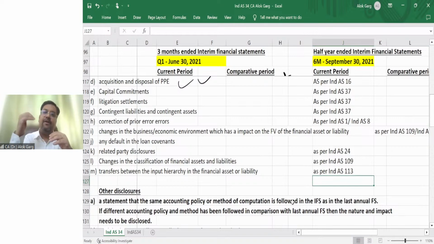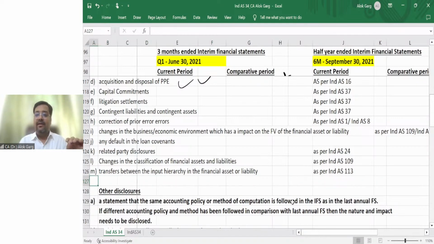There are three levels of input hierarchy. So if it is in input level 1, or if it is moving from level 1 to level 2, right, then disclosures are required to be made as per Ind AS 113. So Ind AS 34 says that if there is any change between the input hierarchy in calculating the fair value of the financial asset or financial liability, this is required to be disclosed, right?